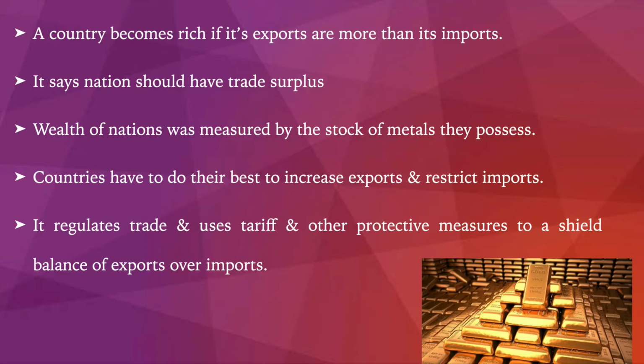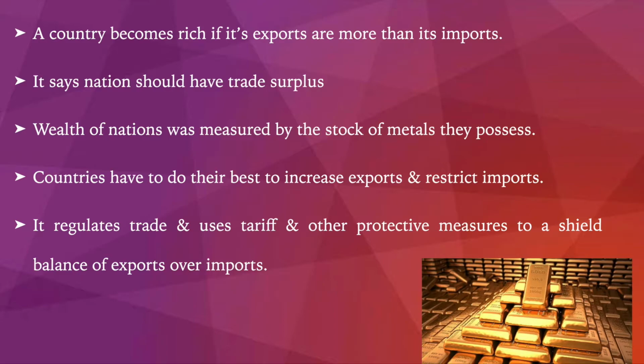Every time you import, you have to pay, correct? How much are you paying in this example? 1 lakh. Every time you export, you receive money. How much are you receiving in this example? 80,000 rupees. That means there is a loss for the country of rupees 20,000. Got my point? But this trade theory talks about surplus, not deficit. When does a trade become surplus?